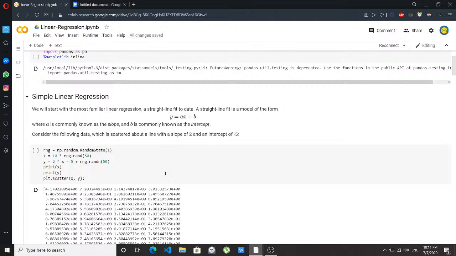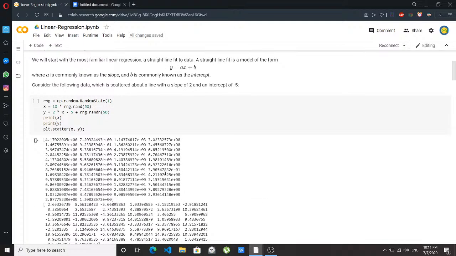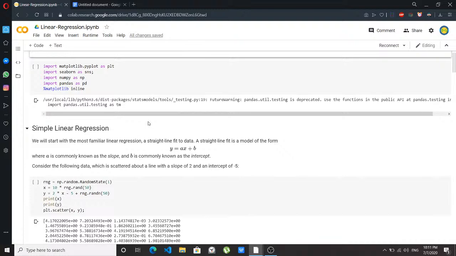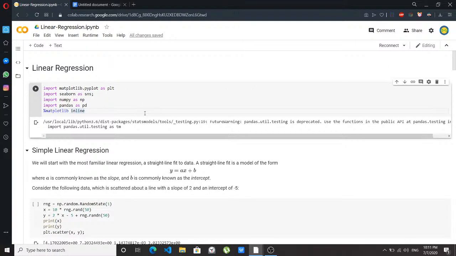So simple linear regression helps us find this relation. For the given input we already know the output, but we want to know the coefficients for those inputs, and if there is a constant present, we want that too. Here we can see we are first importing these libraries: matplotlib, which is used for plotting the input and output values.